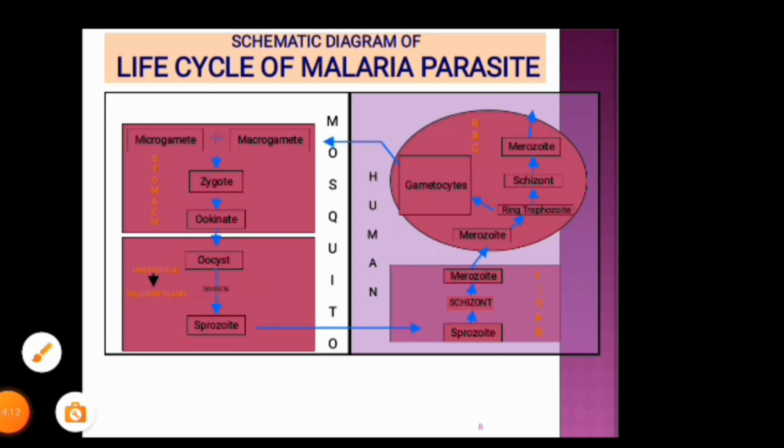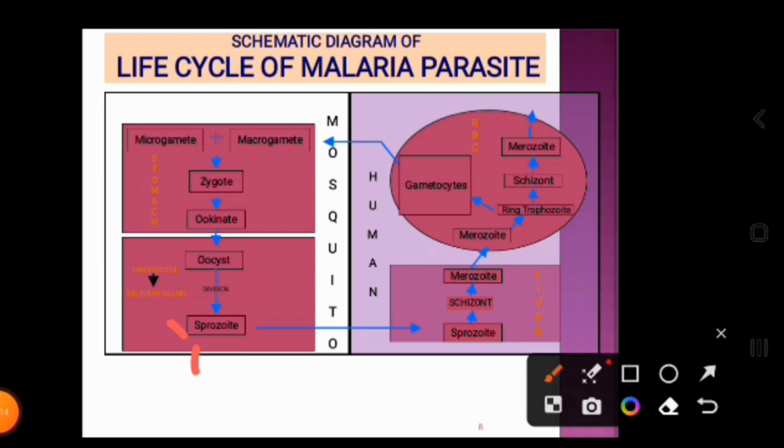The sporozoite, as you know, is the infective stage. So this infective stage infects the human. How do they enter? When the female Anopheles mosquito takes the blood meal from the human, the sporozoites present in the salivary gland enter the human body through saliva.